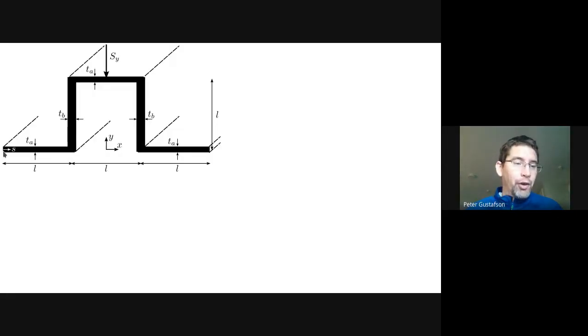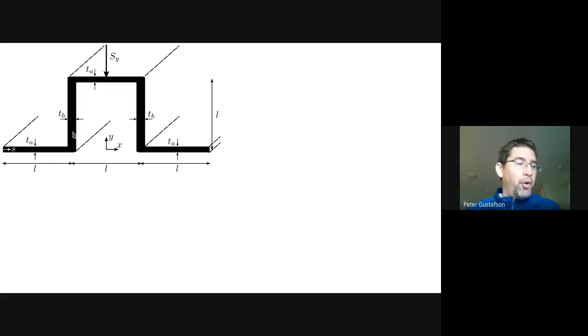So we said Q was 0 at the left edge, and as we were integrating across this area, we get to a value of Q here. And so the initial Q at this location for the second segment is equal to the value of Q as we integrated from the left edge to that location.